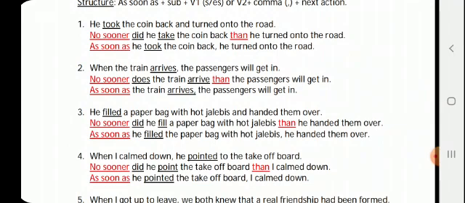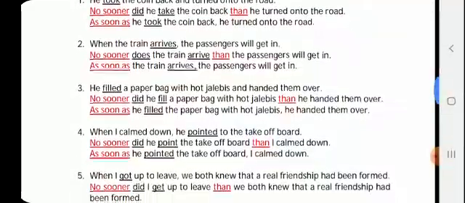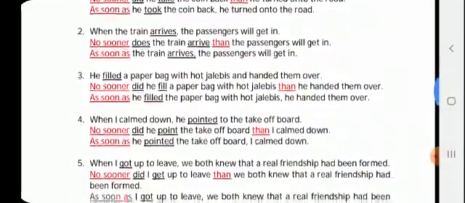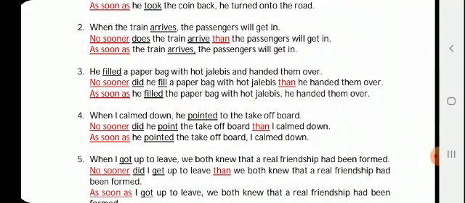We'll take one example of present tense also, so you're more clear. That was a past tense example. Now let's take a present tense example. When the train arrives, the passengers will get in. Now here you can see arrives is the present tense verb with the letter S or ES.